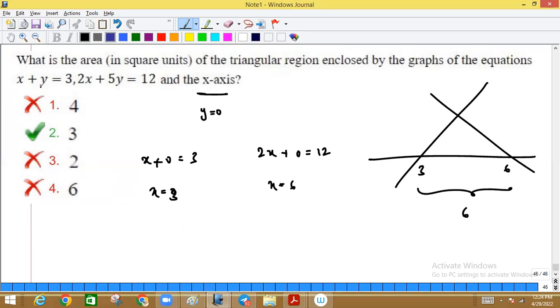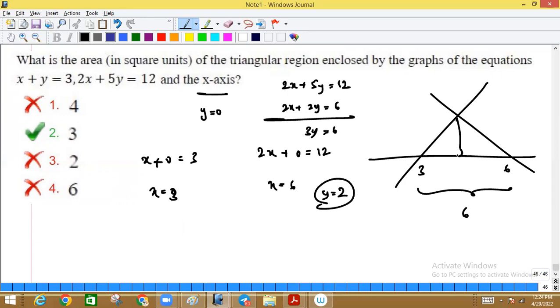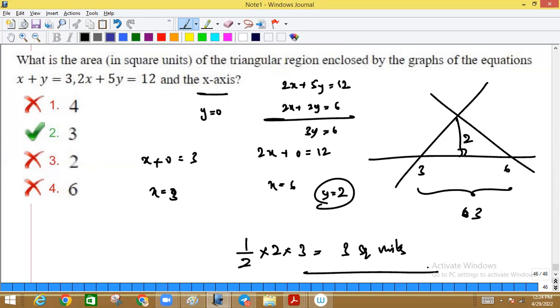Now I need y. So 2x plus 5y is equal to 12. 2x plus 2y is equal to 6. Subtract: 3y is equal to 6. Y is equal to 2. What is the height? Half into base into height. 3 square units is the area. Understand that? Copy that.